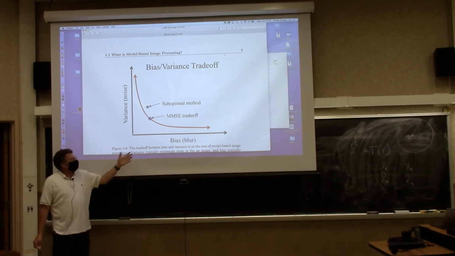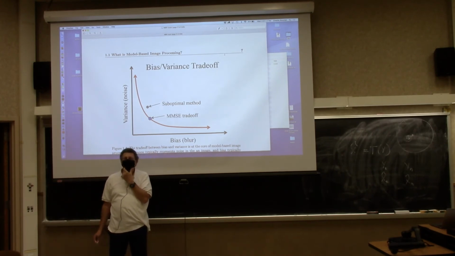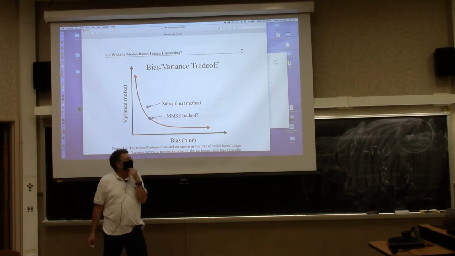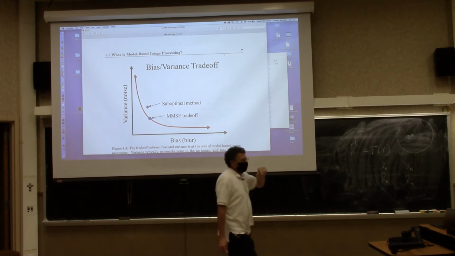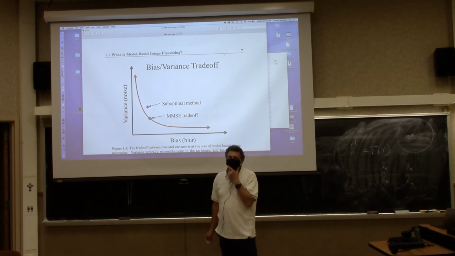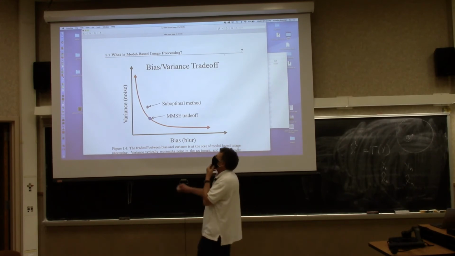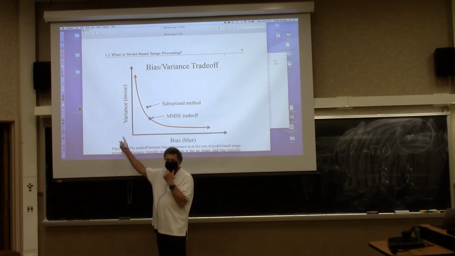Bias is generally viewed as being more pernicious, more undesirable than variance, because it's systematic. But the problem is this. If you want the bias to go to 0 for these problems, so bias would be like blur, if you want infinite resolution in your reconstruction, then as a practical matter, your variance goes to infinity.